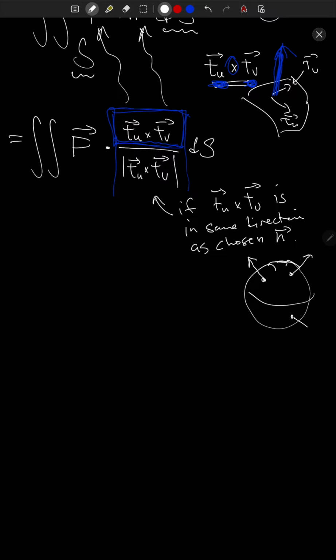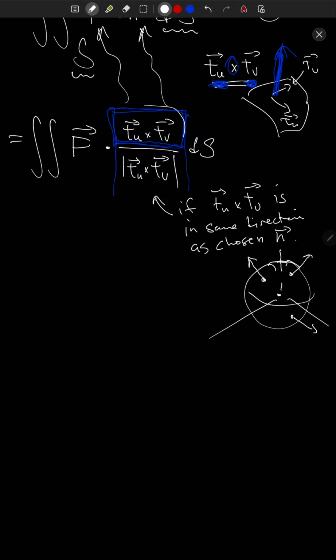So if I do a parameterization of the sphere and calculate T sub u, T sub v, and T sub u cross T sub v, how would I know if I got the outward one? I would check that vector at one point, any point, and see whether it points outwards away from the origin or inwards towards the origin.